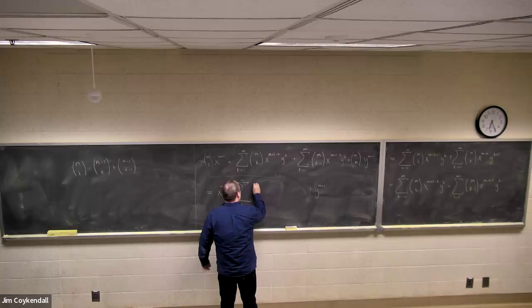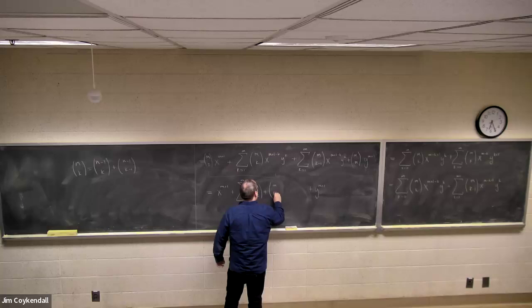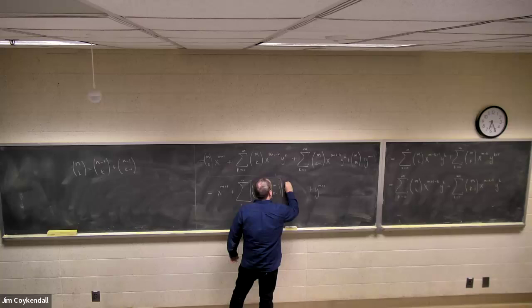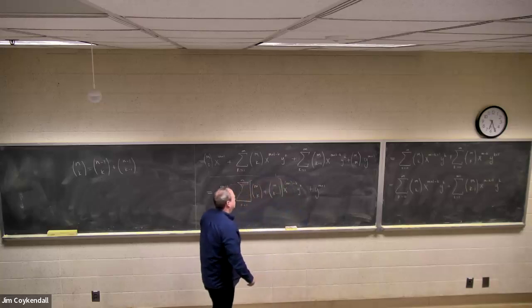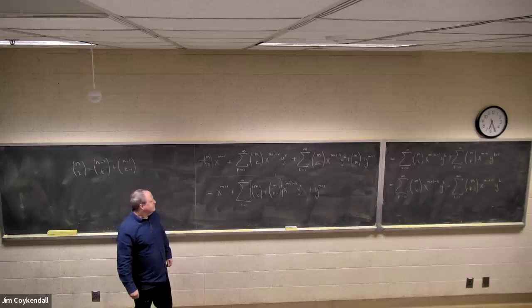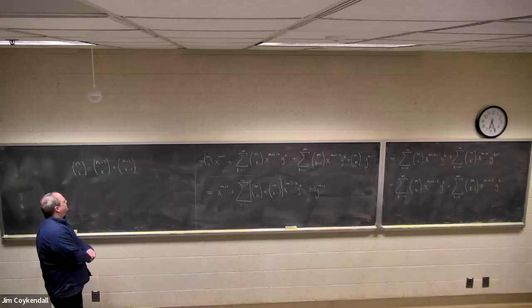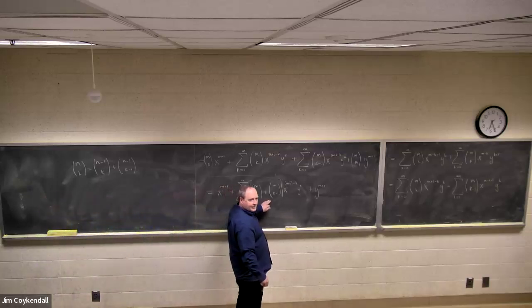This is n choose k plus m choose k minus one, x to the m plus one minus k, y to the k. Everybody okay with that? Can anybody see how we can rewrite this?